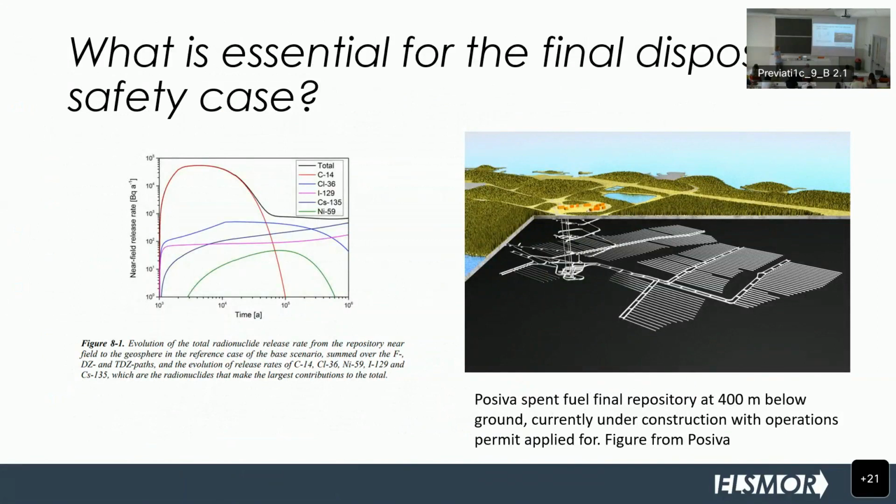This is, from a possible safety case, the amount of radioactivity that comes to the near field. And as you can see, it's dominated by the fission products. We are always hearing about plutonium. Why does plutonium not figure in here? Any guesses?